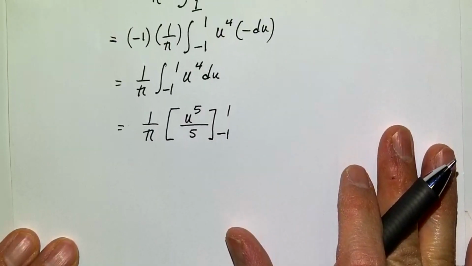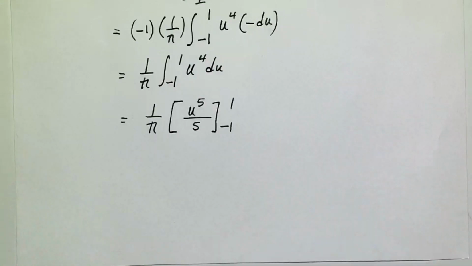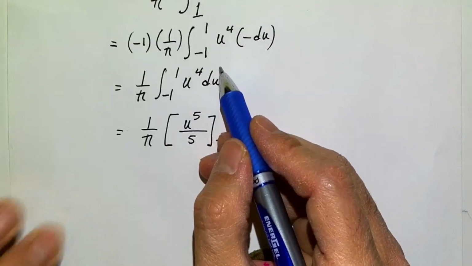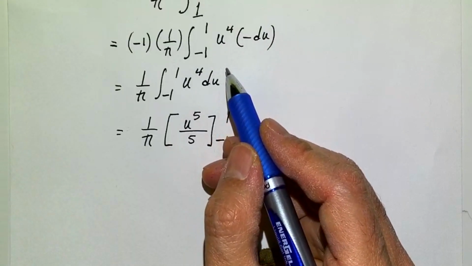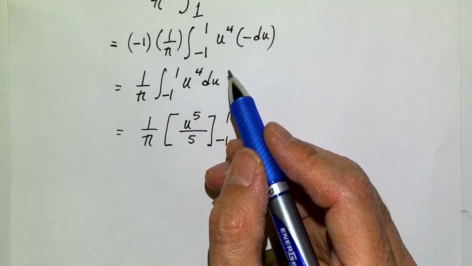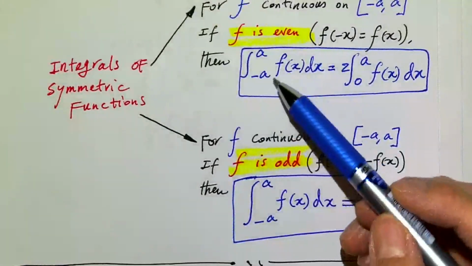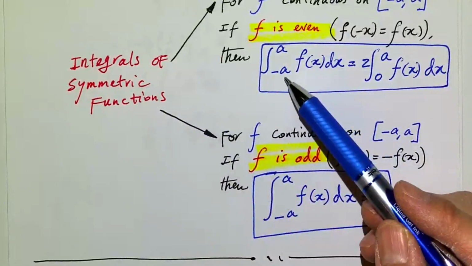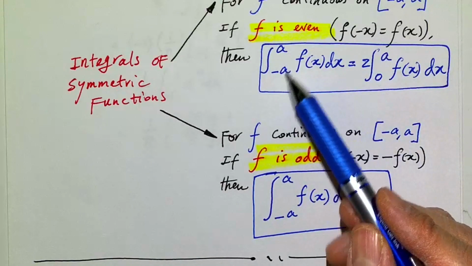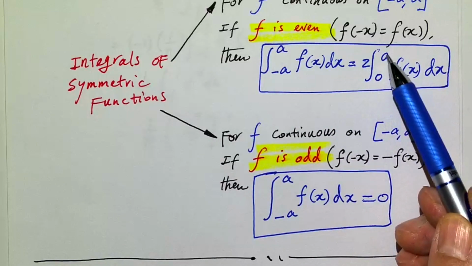The other thing that we could do, and I should insert that here, recall from the previous slide, and maybe on page 2, that for symmetric functions, if we have negative a to a of some function, which is what we have, negative 1 to 1, we can write that as 2 times the integral from 0 to a.